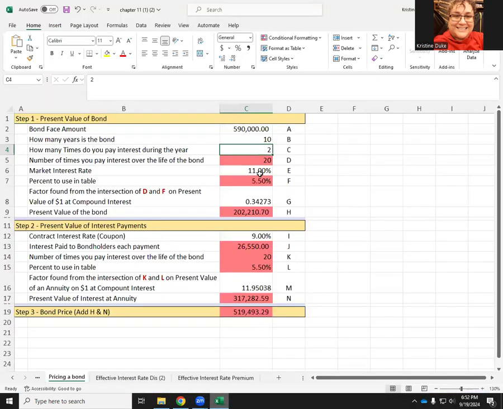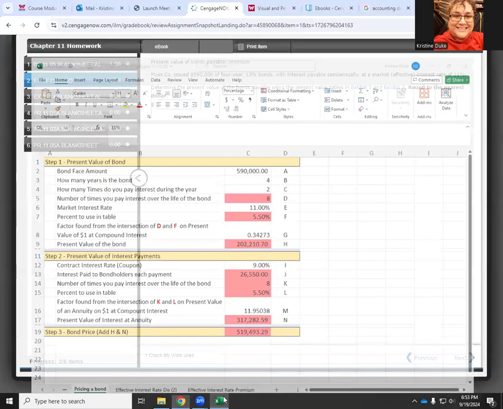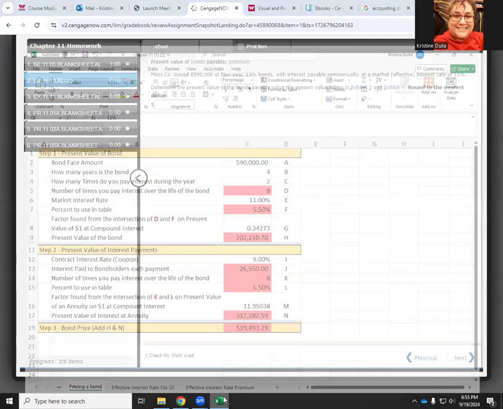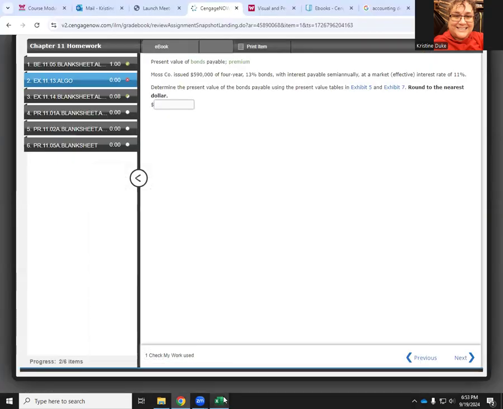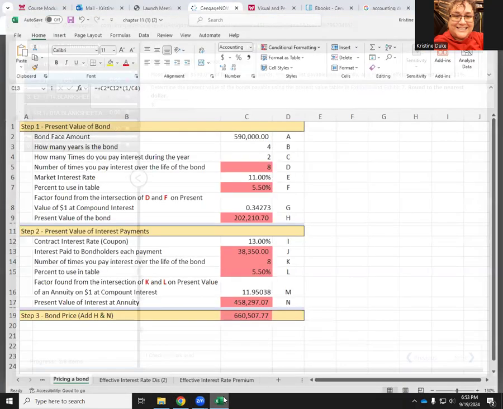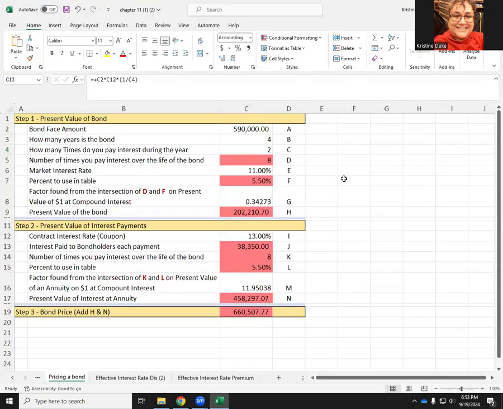Again, how many years? 4, paid semi-annual. If it was paid annually, that'd be a 1, but it's paid semi-annually. So we got the 4 and the 2. And market's interest rate was 11%. And I think this one is 13%. Yep. Okay, so it's going to be sold at a premium.